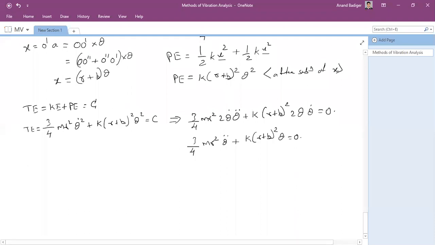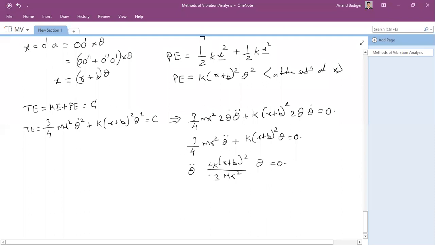So I have to rewrite this equation to take only the k term. So I'll write theta double dot here, sending the other term to this side. So I'll just write it as 4k into r plus b whole square divided by 3 m r square into theta is equal to 0.